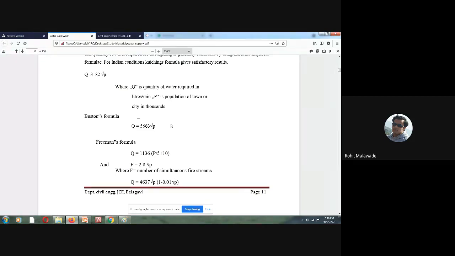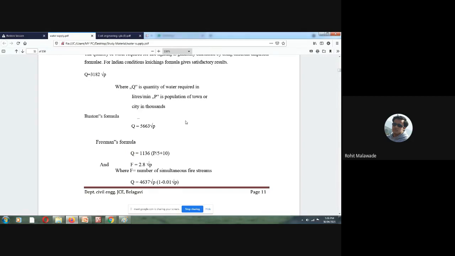So 140,000. P in 1,000 means P value is 140. Yes, sir, we are going to take 140. So this thing you need to remember.